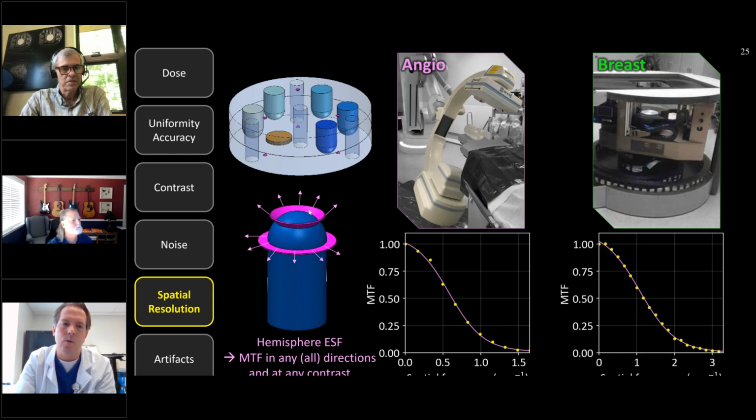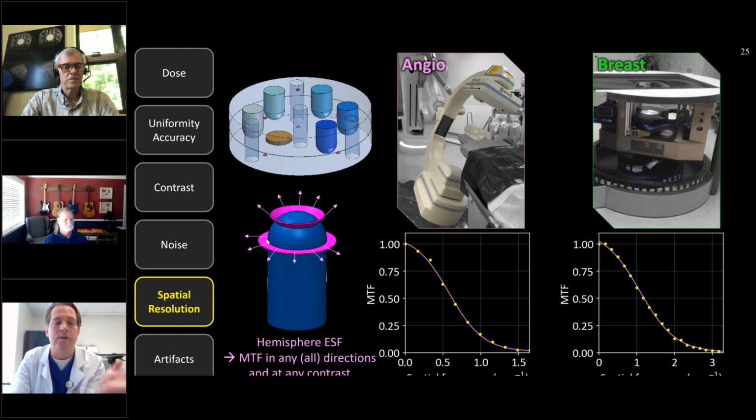But notice that those inserts are rounded off. There's a hemisphere there. And what we can do is come up along the edge of the hemisphere, and we can analyze the spatial resolution in any direction, right up into the Z direction, or this 45-degree direction. So you really have a probe now of the fully 3D spatial resolution characteristic in any or all directions.